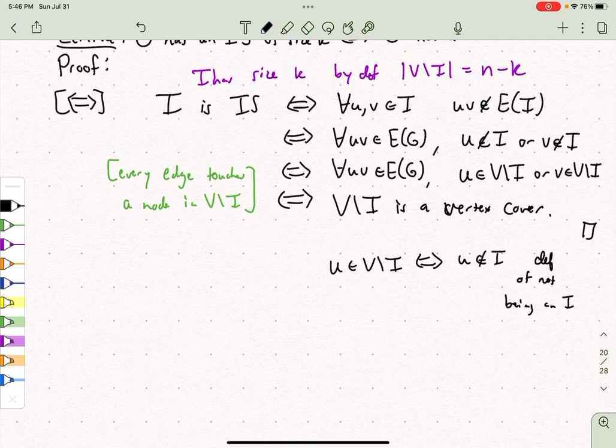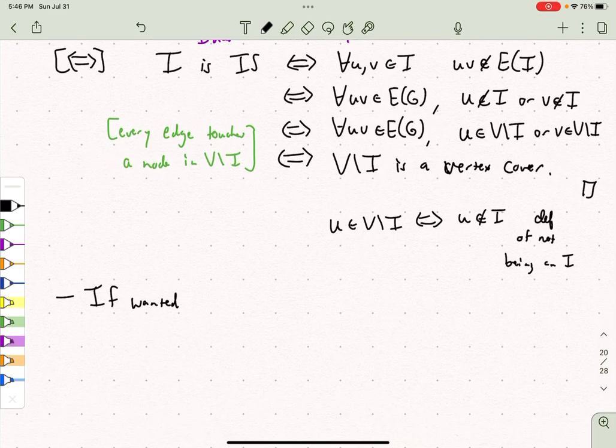So in terms of if you wanted the solution, which is what you should always think about even though we don't explicitly do it, the independent set is exactly everything not in the vertex cover computed.